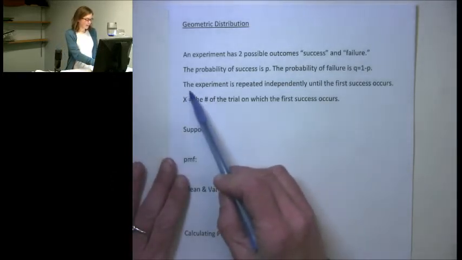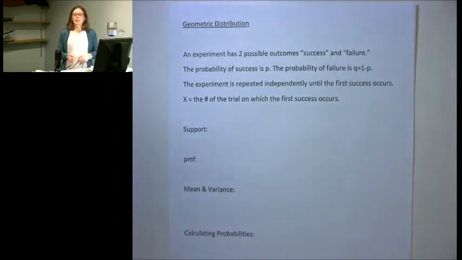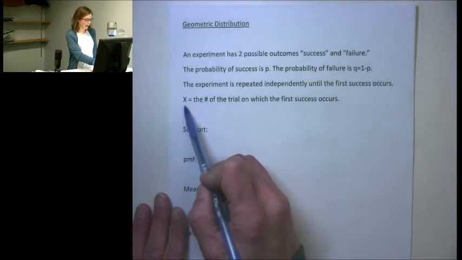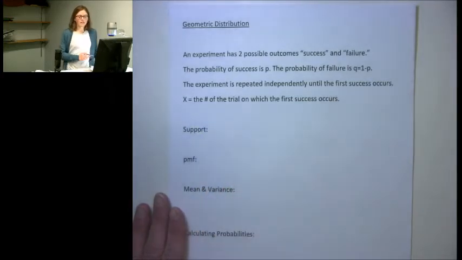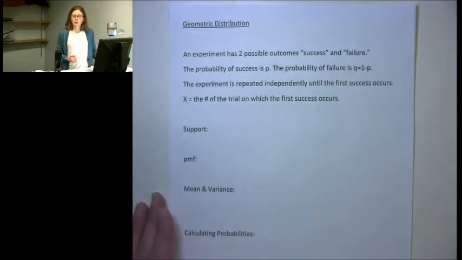Then we repeat the experiment independently. So what does that mean? It means the probability of success is the same for every time that we do the experiment. We're going to repeat it independently until we have the first success occur. If we call our random variable x the number of the trial, so how many times we have to repeat the experiment until we have that first success occur, that has what we call a geometric distribution.